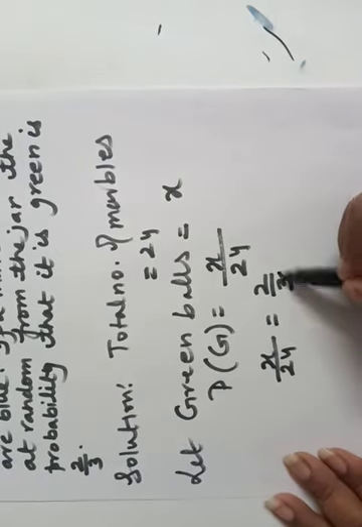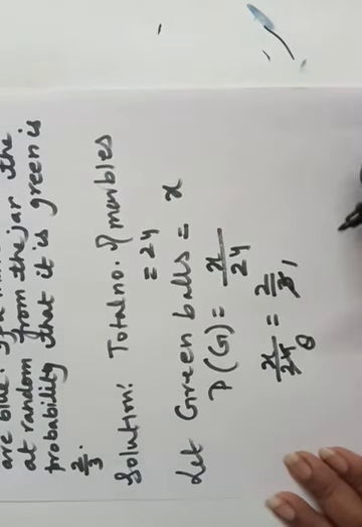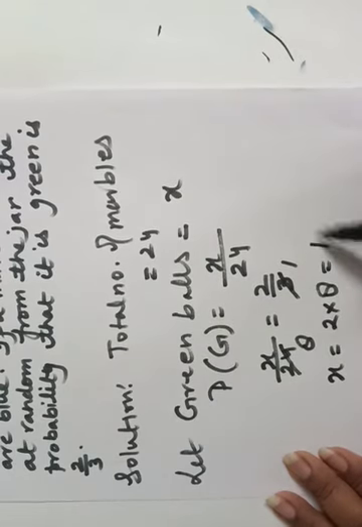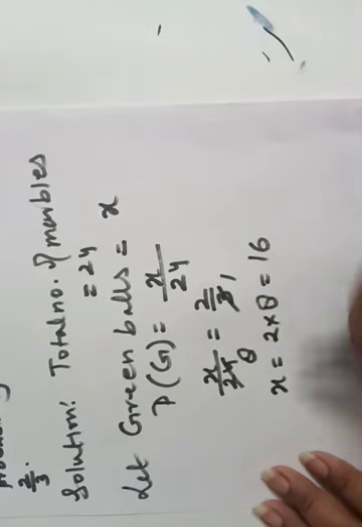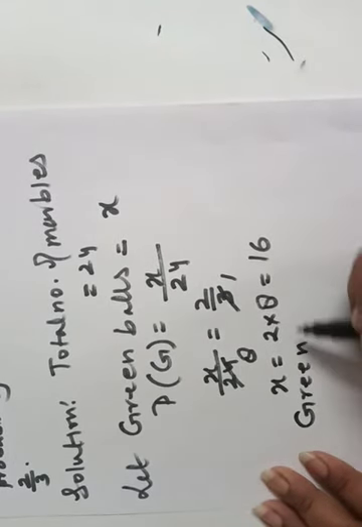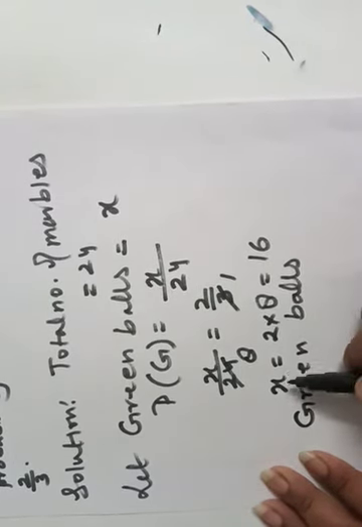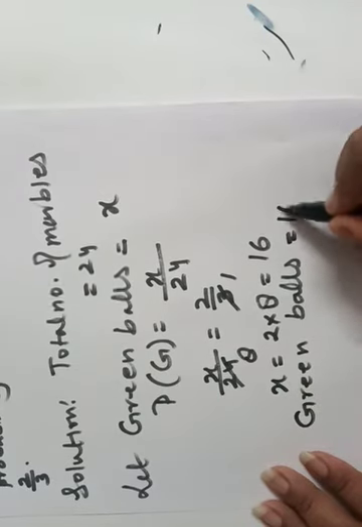3 ones are 3, 3 eights are 24, and x is equal to 2 into 8, that is equal to 16. Now we get to know about the green balls. We have assumed x as the green balls, that is equal to 16.